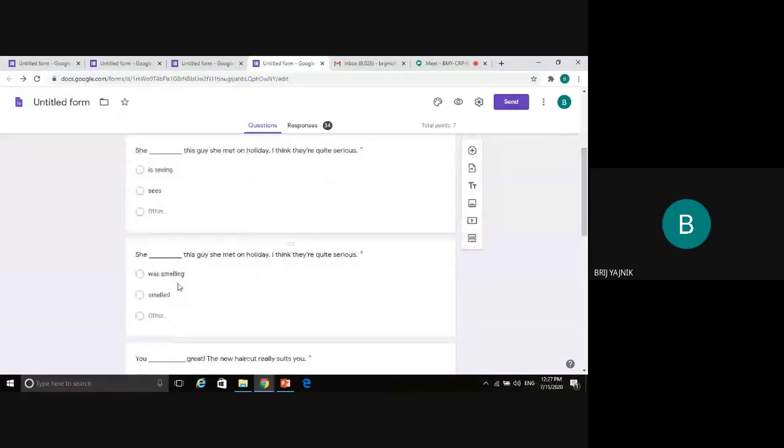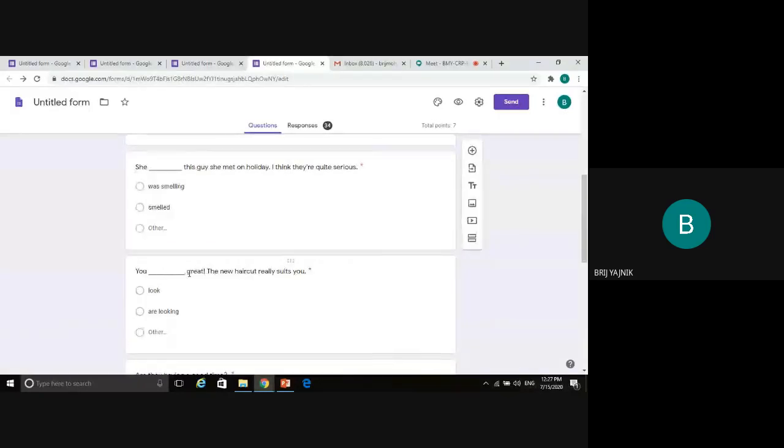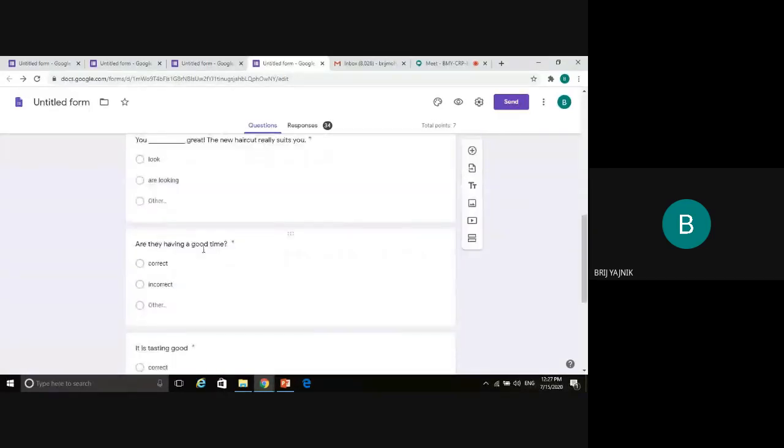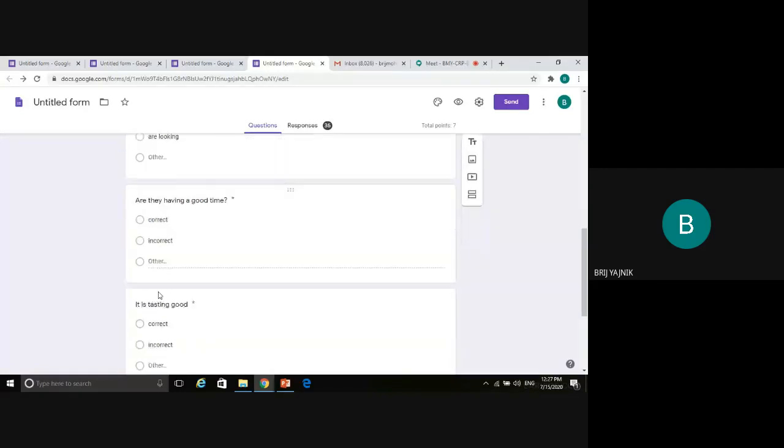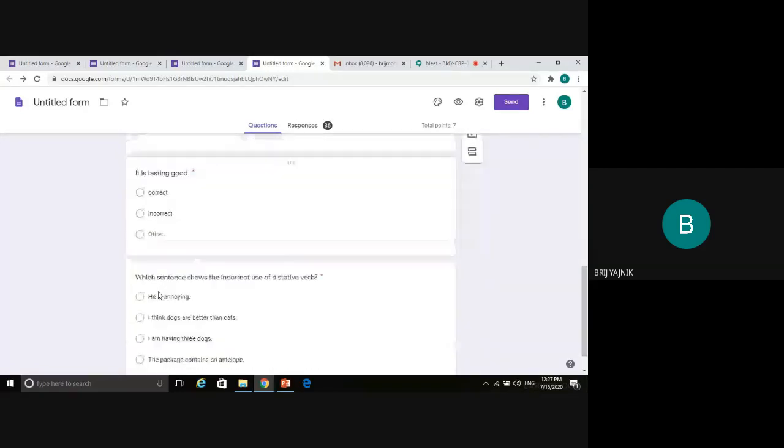Oh, that's the repetition. You look great. The new haircut really suits you. Are they having a good time? Is it a correct sentence or incorrect? It is tasting good. Which sentence shows the incorrect use of stative verbs?